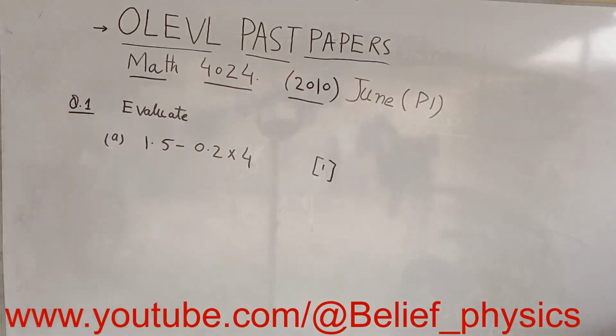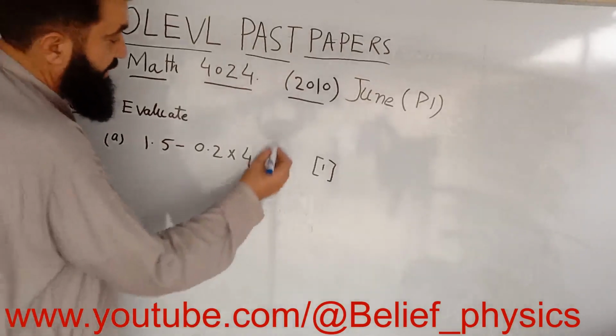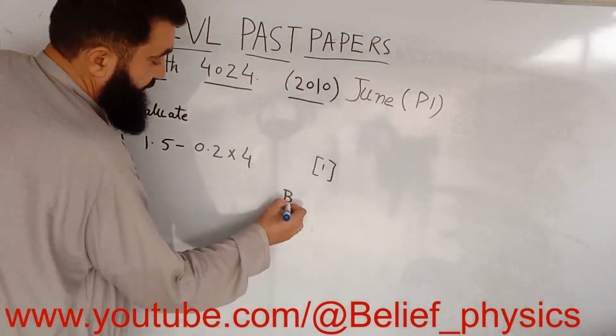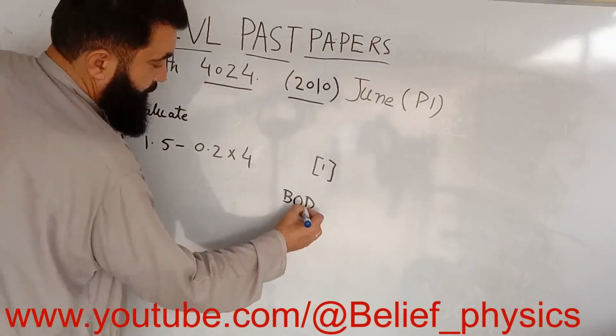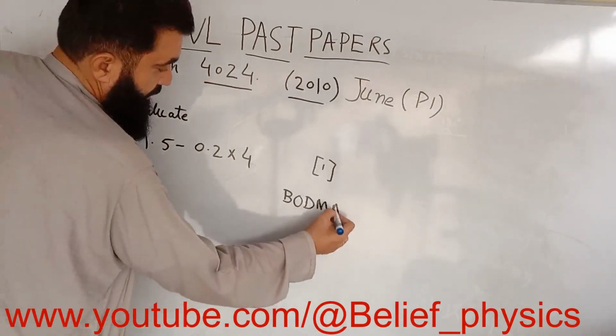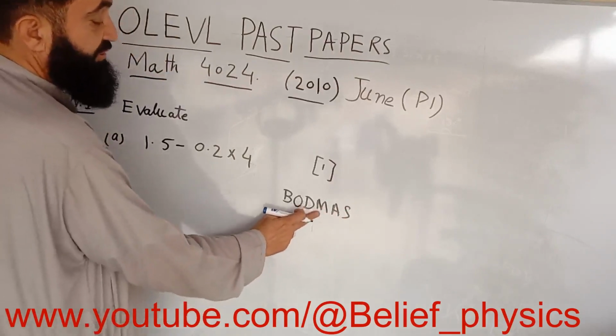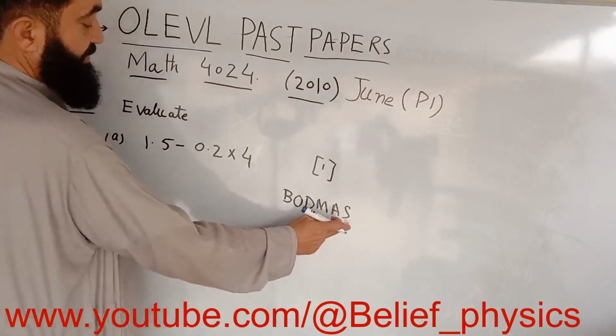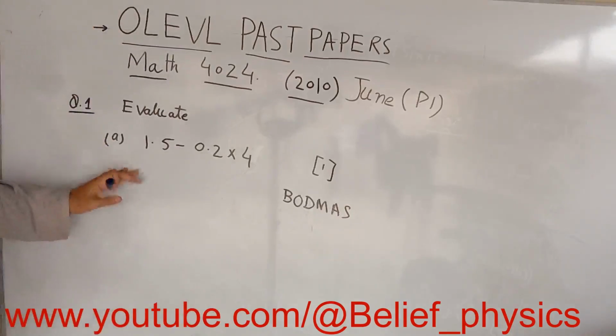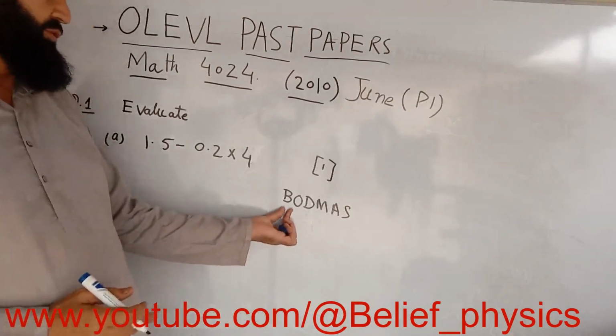How to solve? You need to know BODMAS. BODMAS is bracket open, division, multiplication, addition and subtraction. There is no bracket, so bracket open is done here.